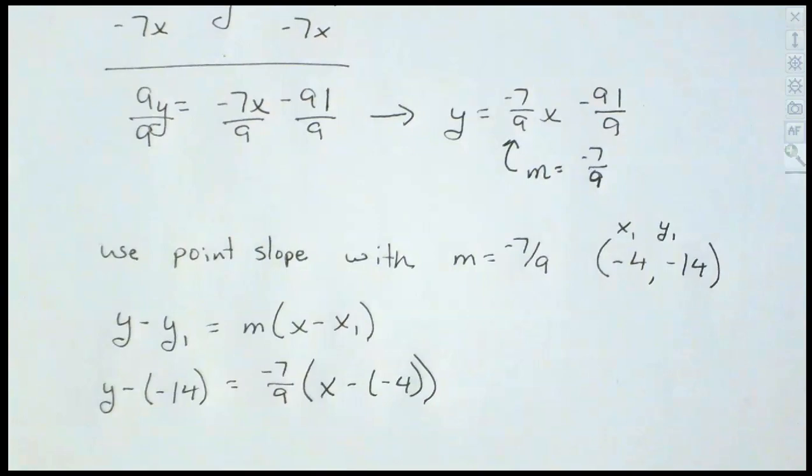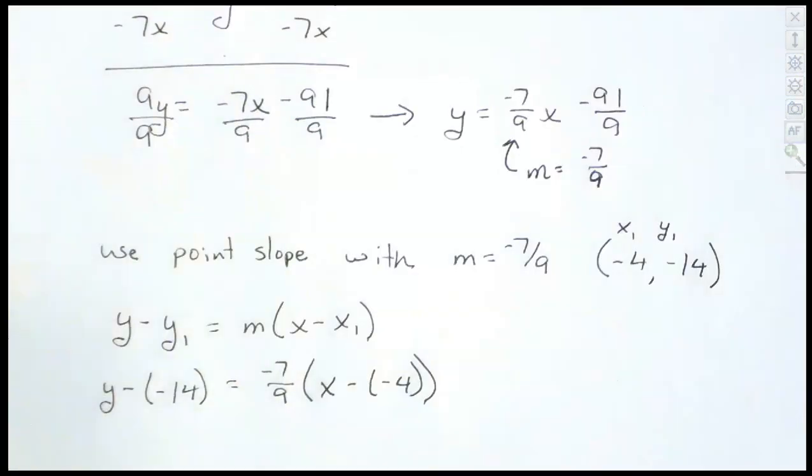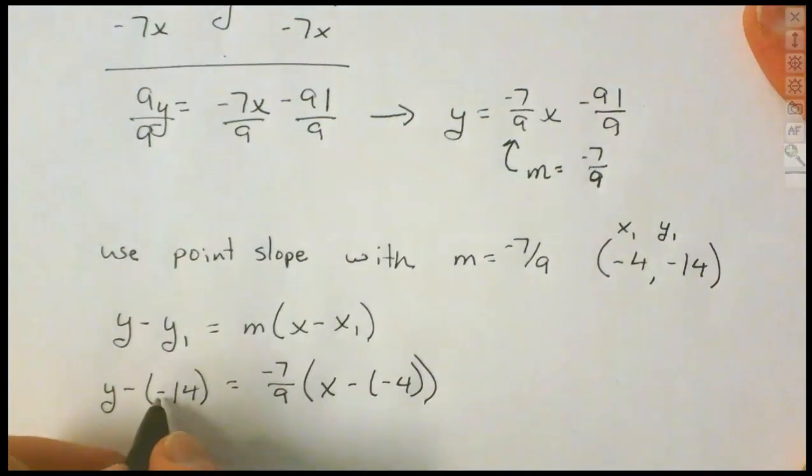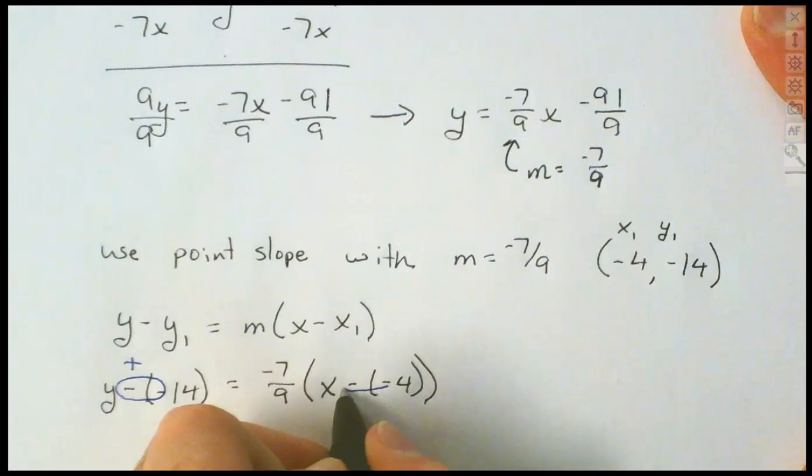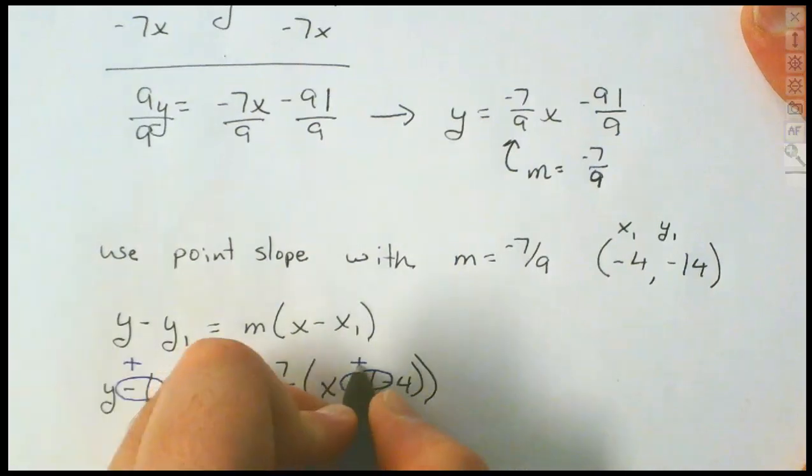So that's where we're at there. So we found our slope. We used that slope along with our point slope formula. Plugged in the values. Now we have to be careful with the double negatives. So these double negatives are going to make this a positive here, and it's going to make this a positive here as well.